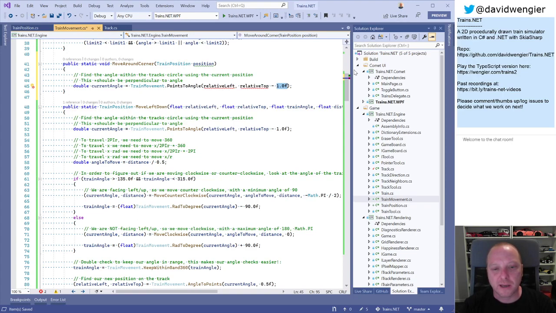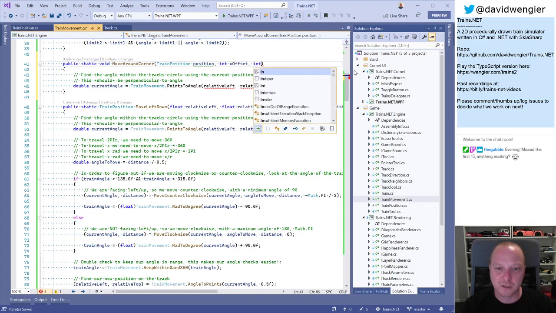So what this is saying is where is our position relative to the middle of the circle. So let's go with Y offset. So we want an int X offset, int Y offset.